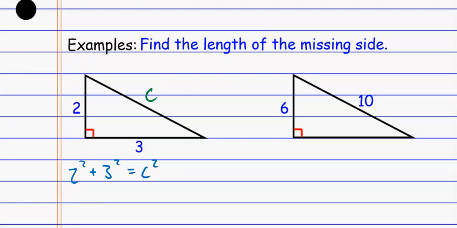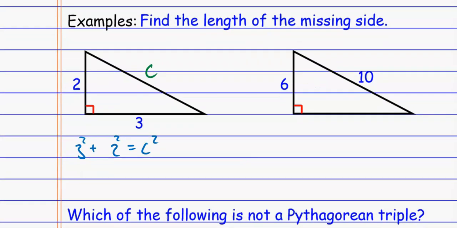It's not really important which one of these is a and which one is b. I could just as easily have written this as 3 squared plus 2 squared, okay? The legs are interchangeable here in terms of a and b. The only thing that has to be locked into place is that c has to be the hypotenuse, okay?